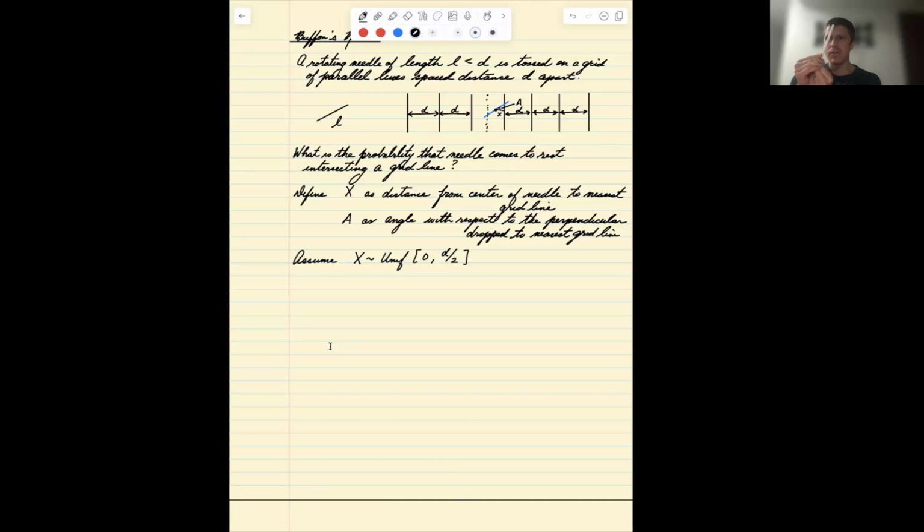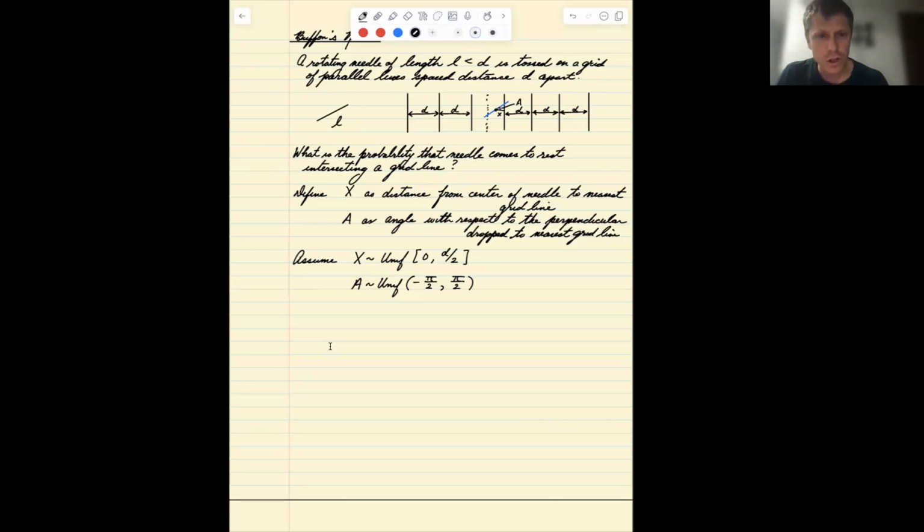If it's a little bit over, then we have an angle like this. And if it's pointing this way, then we have a negative gradient. So the angle is uniform between minus pi over 2 and pi over 2. We're going to ignore the possibility that it's perfectly vertical because it's so unlikely and it doesn't affect anything, because it's a single point in a continuous distribution.